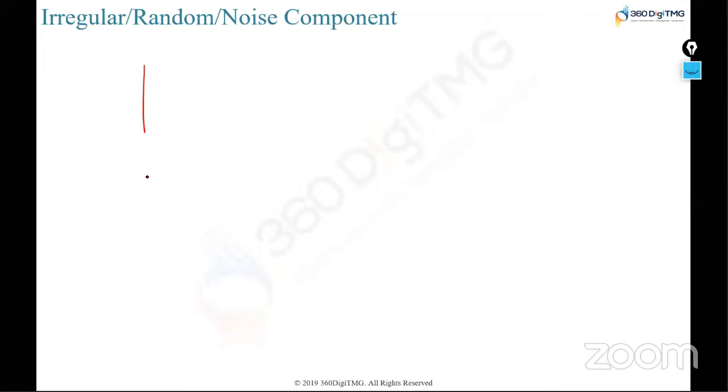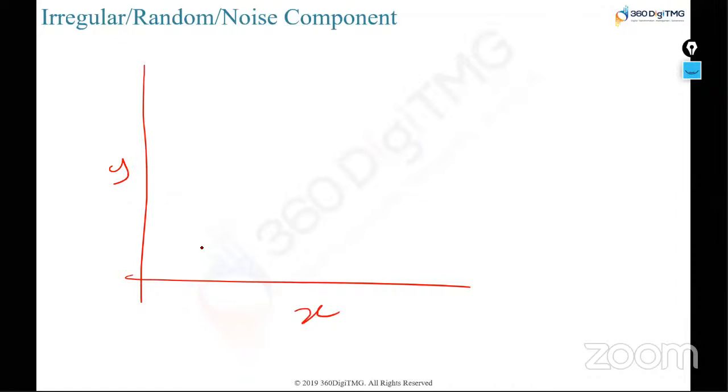If you remember when we were doing regression, X and Y, whether it is simple or multiple, there is a limitation to that.